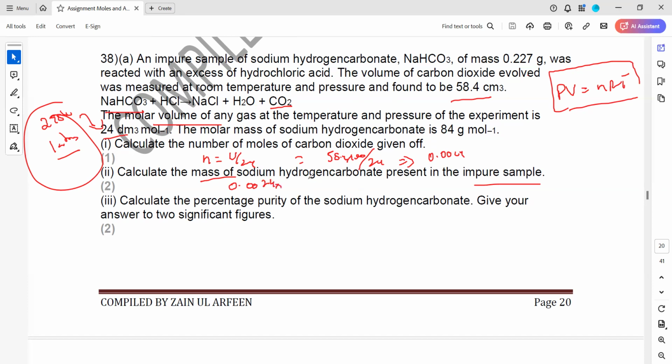And then multiply by the mass of sodium hydrogen carbonate: sodium is 23 plus hydrogen is 1 plus carbon 12 plus oxygen 16 times 3, so 48 plus 36 and then it will make 84. So 0.0024 multiplied by 84 will give us how much mass in gram was there for sodium hydrogen carbonate, which is about 0.2 grams.